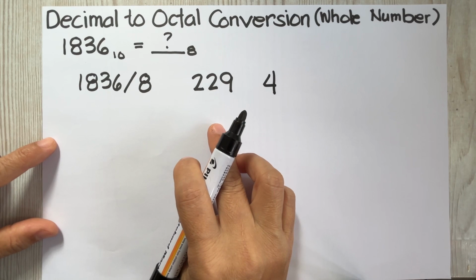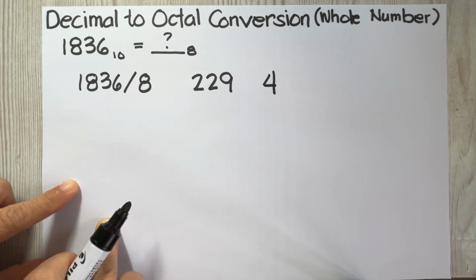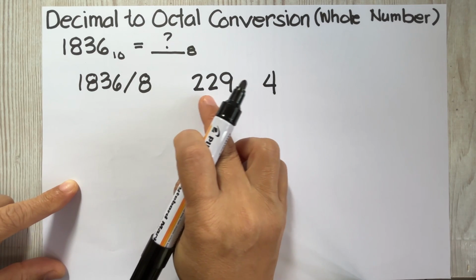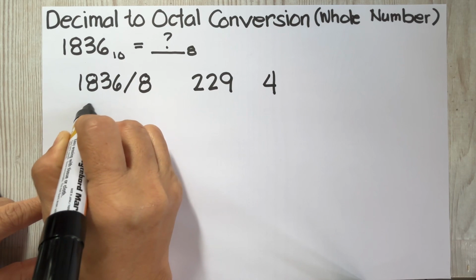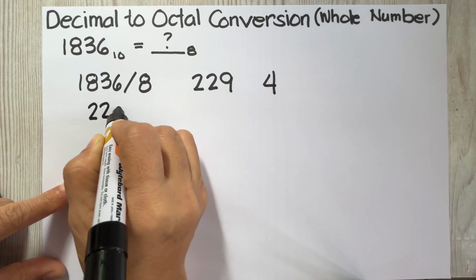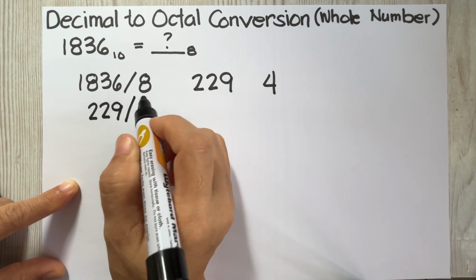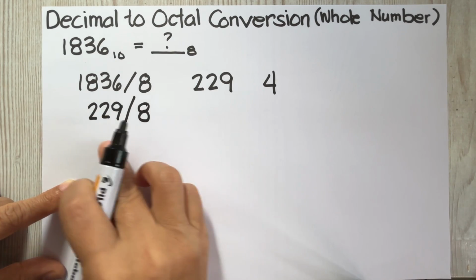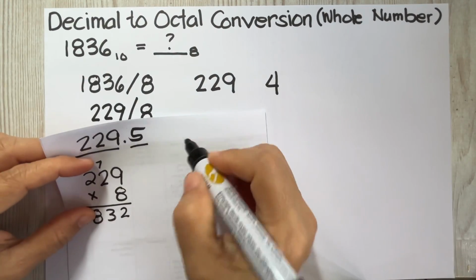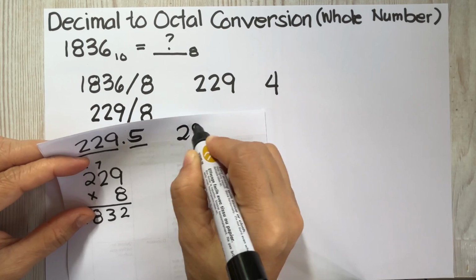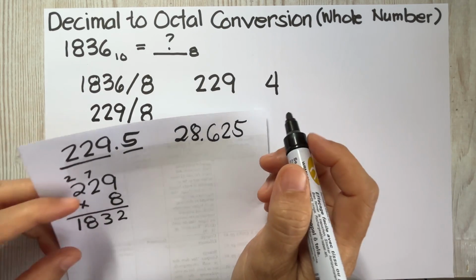Let's continue with the series of divisions here on the left, the first column. We'll take that 229 here and again divide it by 8. 229 divided by 8 is 28.625 when you take out your calculator.